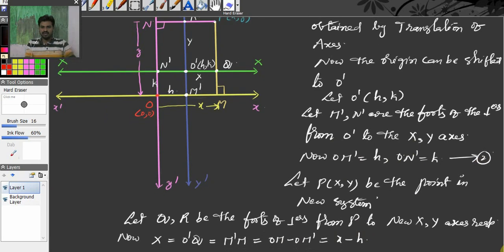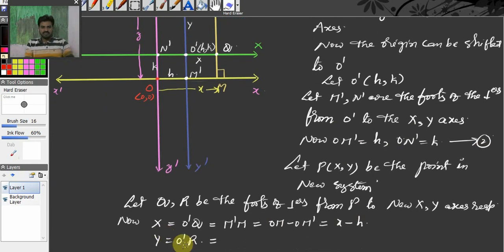In the same way, capital Y is equal to how much?